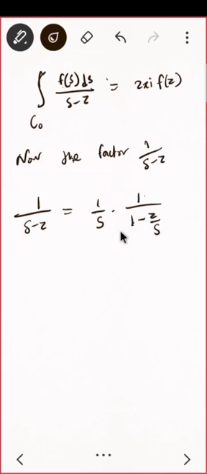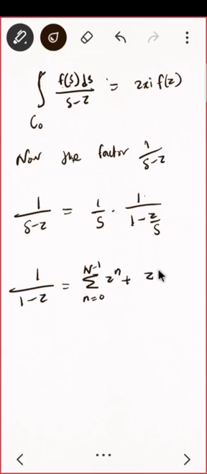Can I use my geometric progression? You already know that 1 upon 1 minus z is equal to what? Yes, it is equal to the summation from 0 to n minus 1 of z raised to n, plus the next term, z raised to n upon 1 minus z.